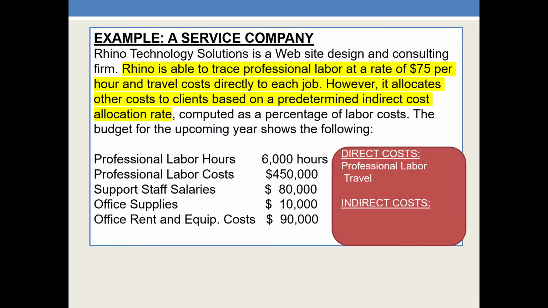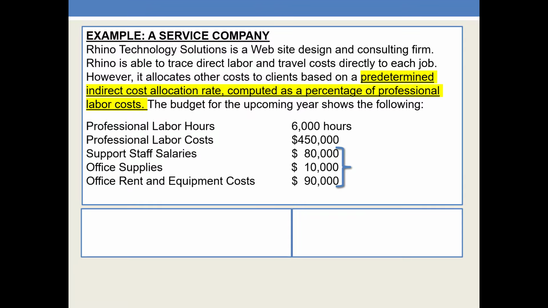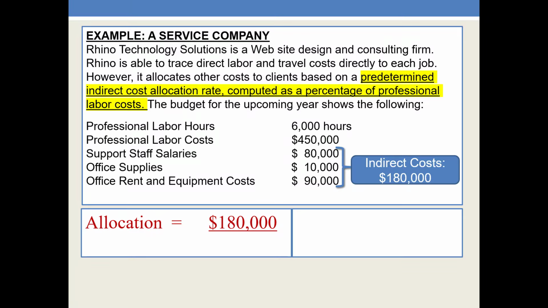Now the indirect costs, those that are shared by the various jobs worked on during the year, would include the support staff salaries, the office supplies, and the office rent and equipment. These 3 costs total to be $180,000. Those will need to be allocated, so we'll calculate an allocation rate, and they allocate based on professional labor costs.